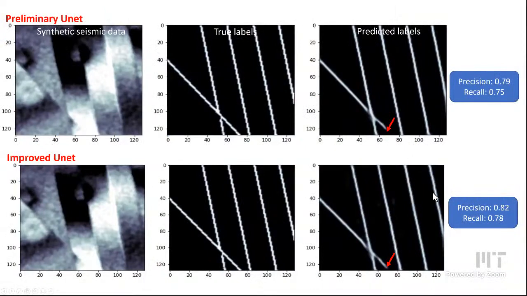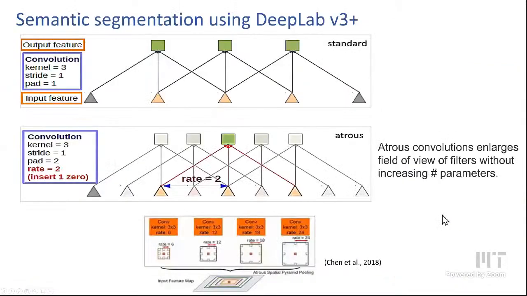And when we apply that to improve the UNet, you will see improvement compared to the original preliminary UNet with increased precision and recall numbers. And we also take advantage of the DeepLab models, using these atrous convolutions to enlarge the field of view of the filters, but not to increase the number of parameters.